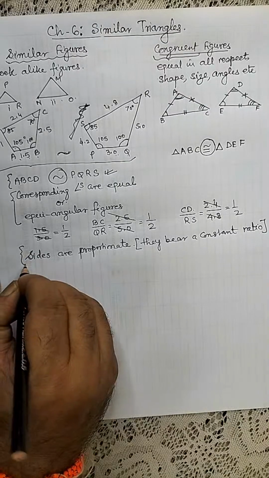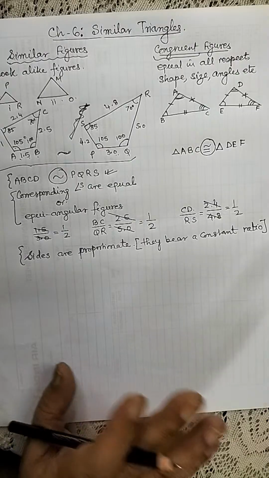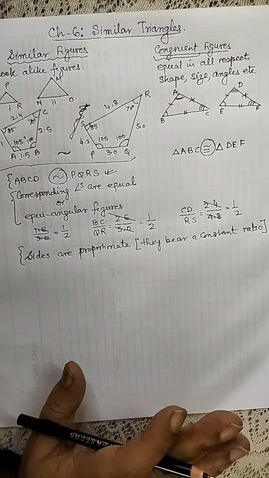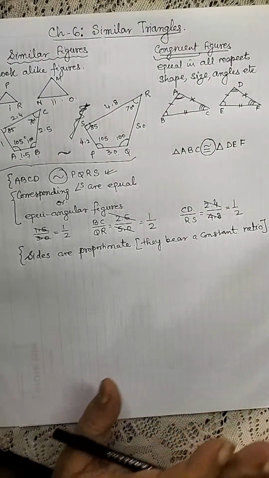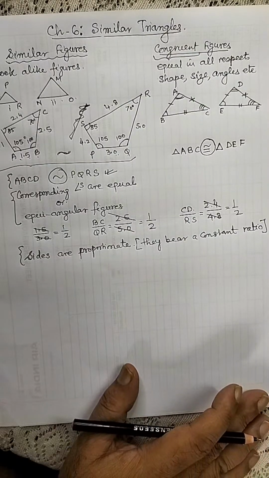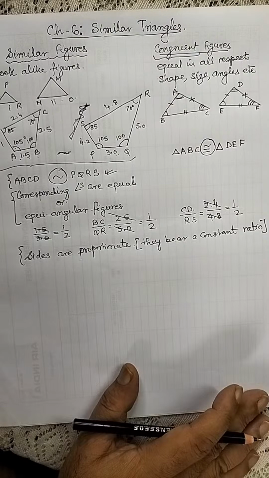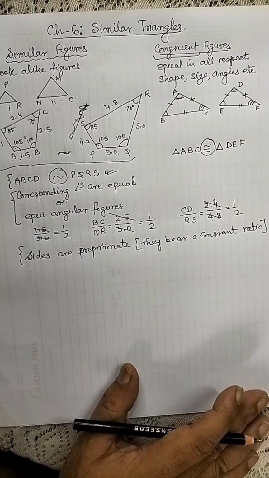So now we have 3 very important conclusions for similar figures. I am talking very generally, not about triangles. Any similar figure can be a quadrilateral, a triangle, a pentagon or any polygon. The only mandatory part is they should look alike. Once they look alike, we can think that they may be similar.